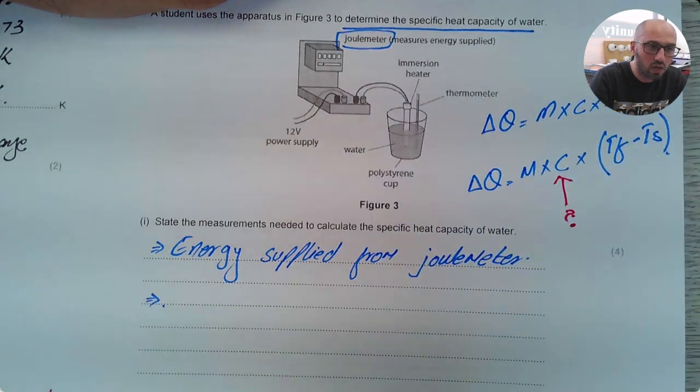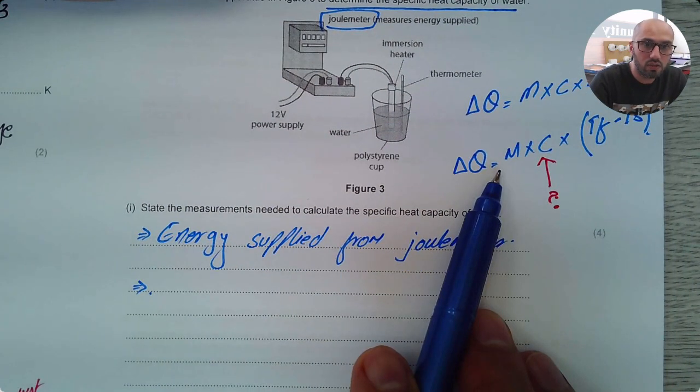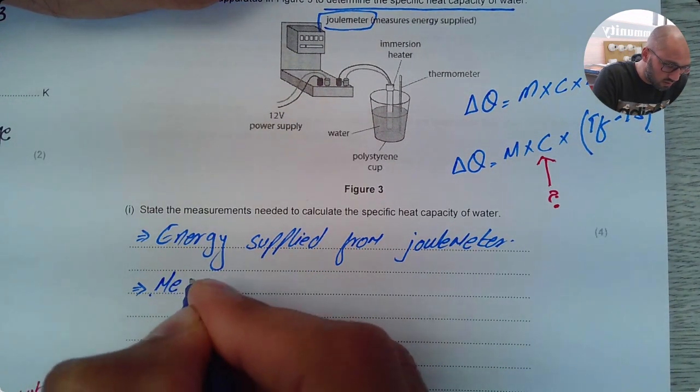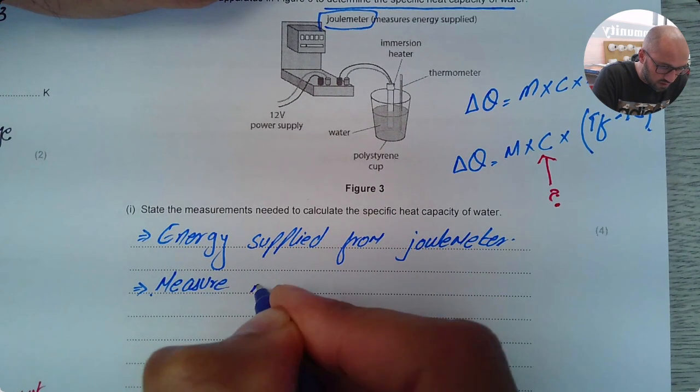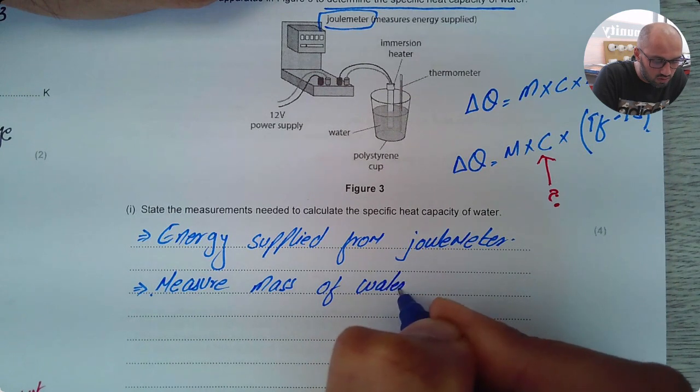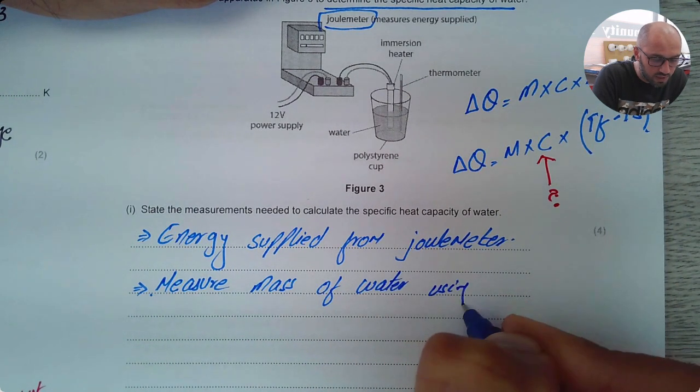Number 2, I will need a value of mass. To get the value of mass, I will use a balance. So I can say measure mass of water using balance.